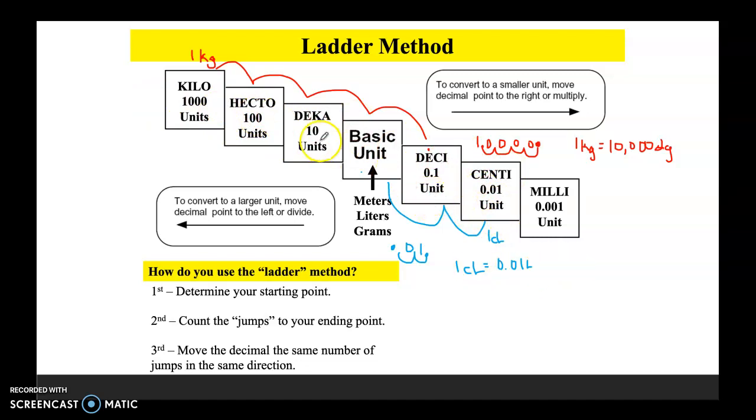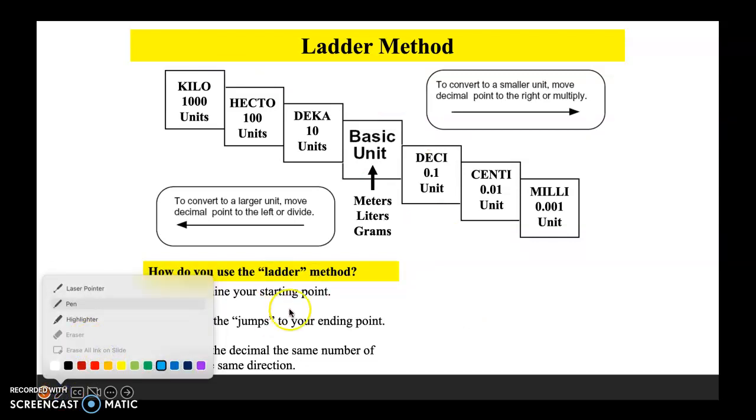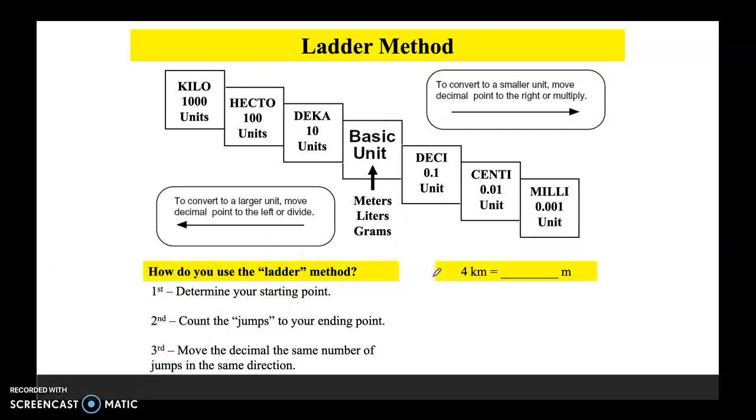So another way to remember this is if you're moving to the right, your number is going to get bigger. If you're moving to the left, your number gets smaller. Okay, so take a second now and go ahead and pause the video and figure out what 4 kilometers is in meters.